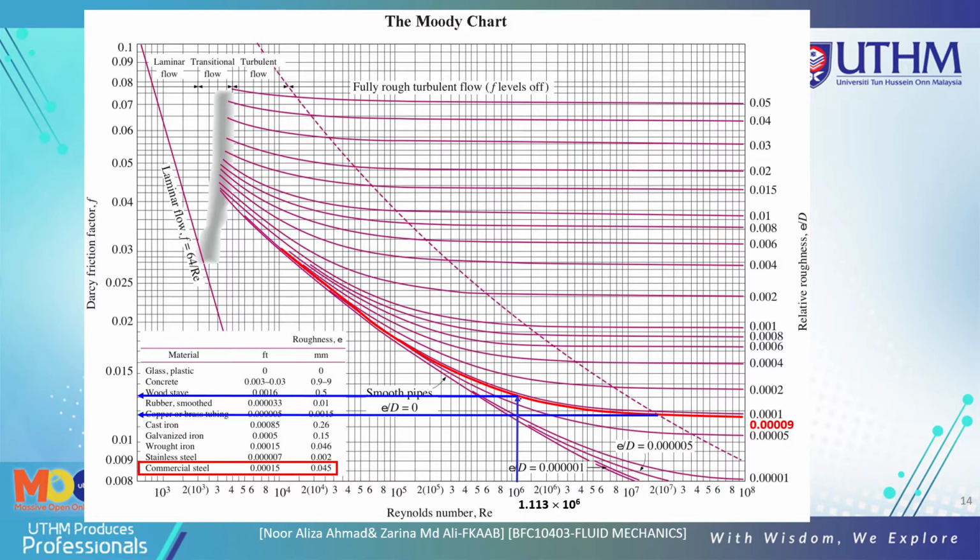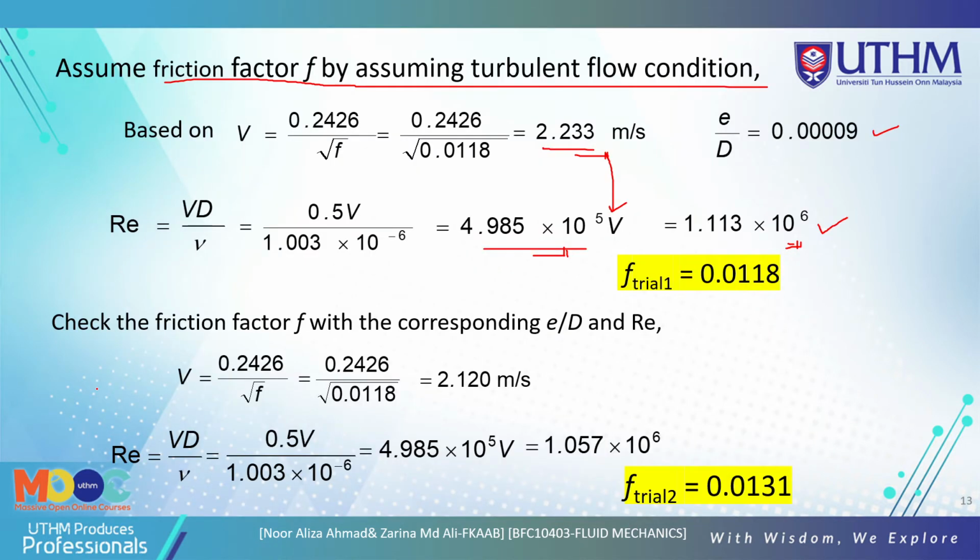And then just look at the value of f. We go back to the previous step. You get the Reynolds number here. So f trial 1 is 0.0118, because you used 0.0118 here.